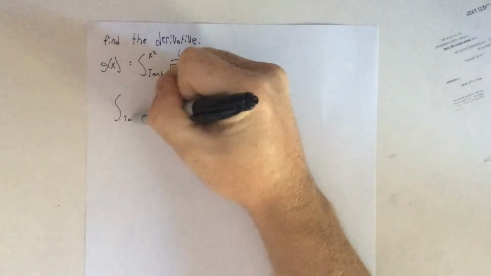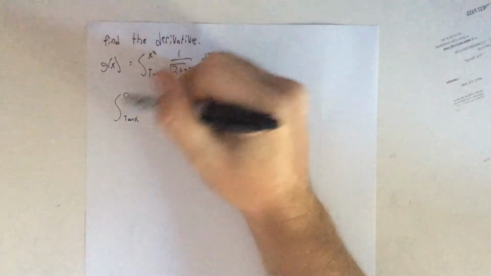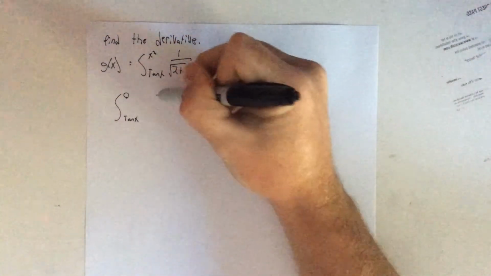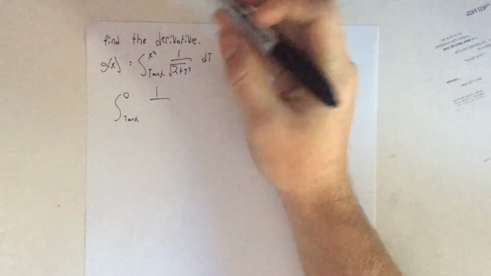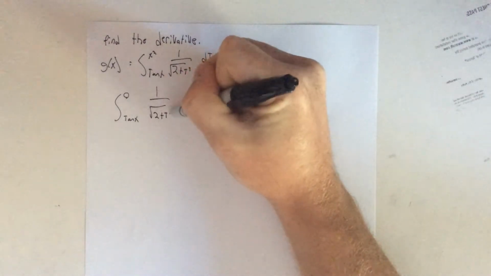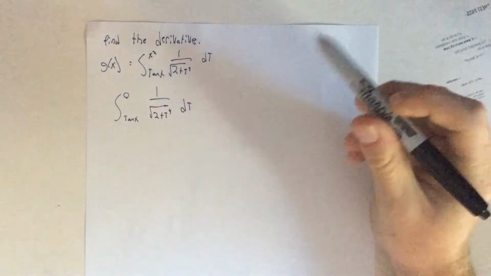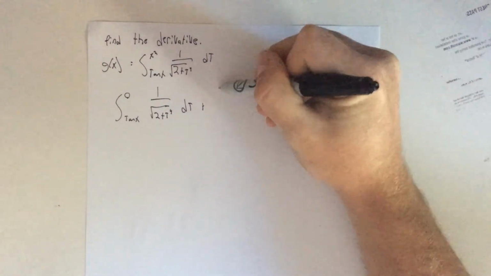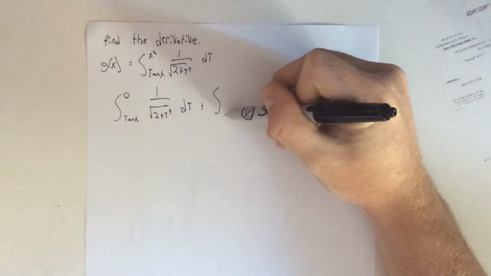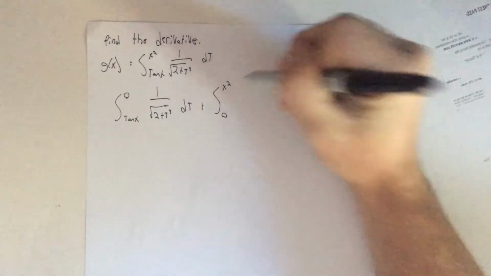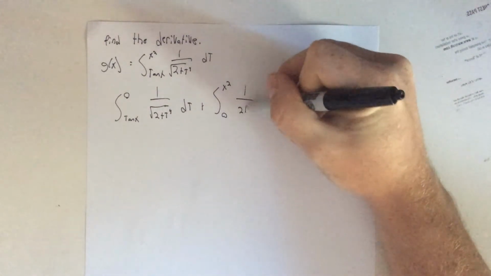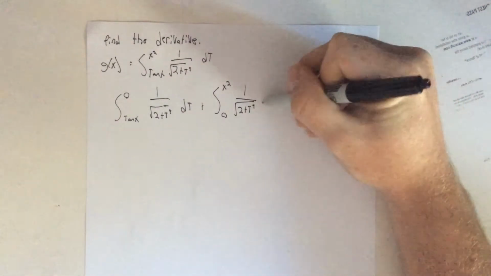Alright, so let's split this bad boy apart. So let's take it from tan x to 0, let's say. It doesn't really matter what constant you choose. It won't change the answer. So tan x to 0 of 1 over square root of 2 plus t to the 4th dt, of course, and then add that to the integral from 0 to x squared of the same thing, 2 plus t to the 4th dt.